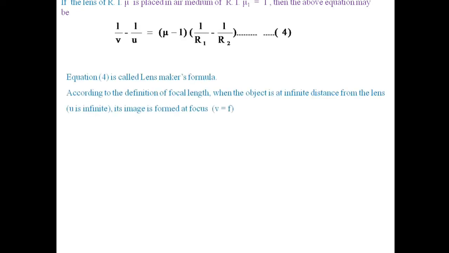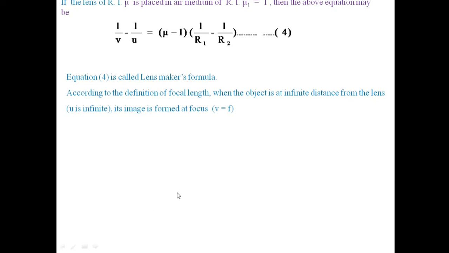If the lens of refractive index mu is placed in air medium, so that mu1 is equal to 1, then the above equation will be 1 upon v minus 1 upon u is equal to mu minus 1 into 1 upon R1 minus 1 upon R2. Thus, equation 4 is called the lens maker's formula.